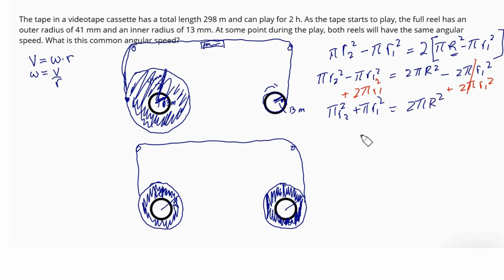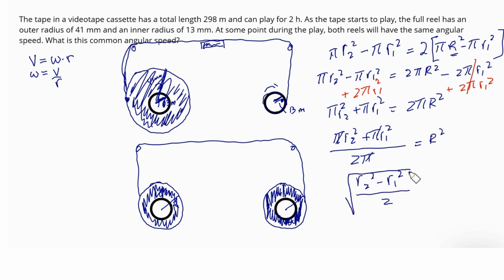I'm going to divide both sides by 2 pi. And so I have pi R2 squared plus pi R1 squared, all divided by 2 pi, is equal to R squared. The pi's cancel, leaving me with R2 squared plus R1 squared over 2, square root, is equal to R.